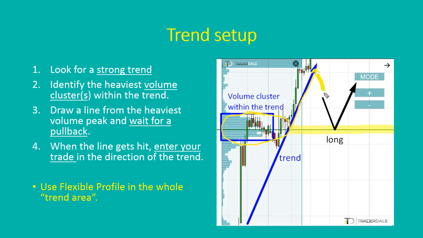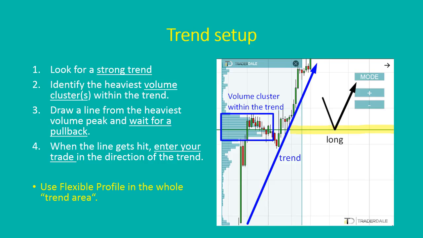When the price makes a pullback to the level where the buyers were adding the most to their positions, then those buyers are likely to defend their buying positions, and they are likely to push the price upwards from this place again. All right, this is reason number one this setup works.